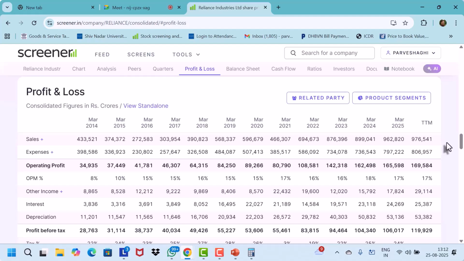Yes, it has gone up to 9,76,000 because when we add up the last 4 quarters, the number is higher compared to the last financial year. So the company is doing well. Similarly, look at the bottom line here. The profit before tax was 1,06,000. Now it is 1,90,000. So is the company becoming more and more profitable as the months go by, or is it becoming less profitable?